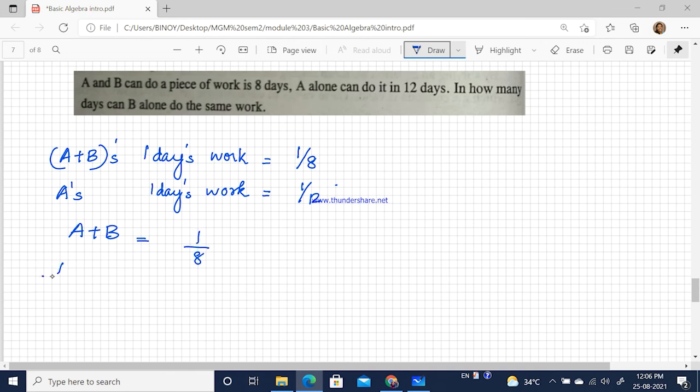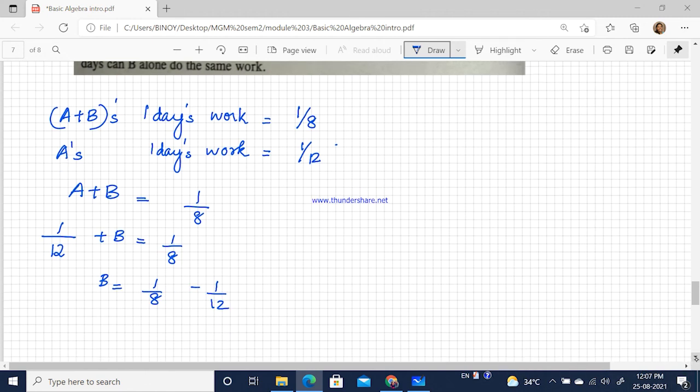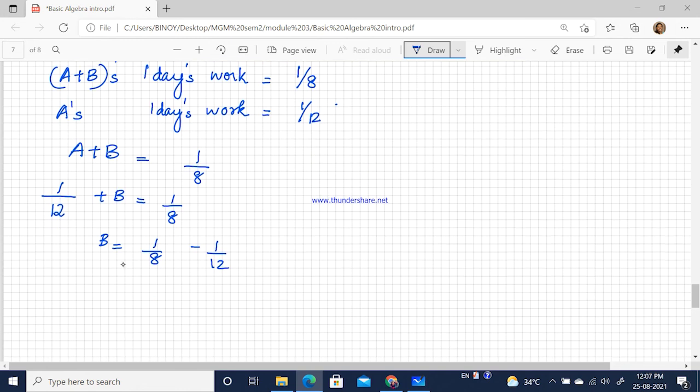We are given A's work only, and you are asked to find B. So solving this equation, B is equal to 1 by 8 minus 1 by 12. So cross multiplying, (12 minus 8) by (8 into 12). That is 4 by (12 into 8).